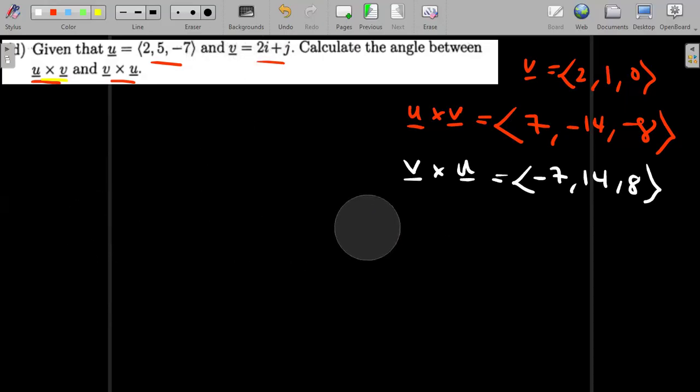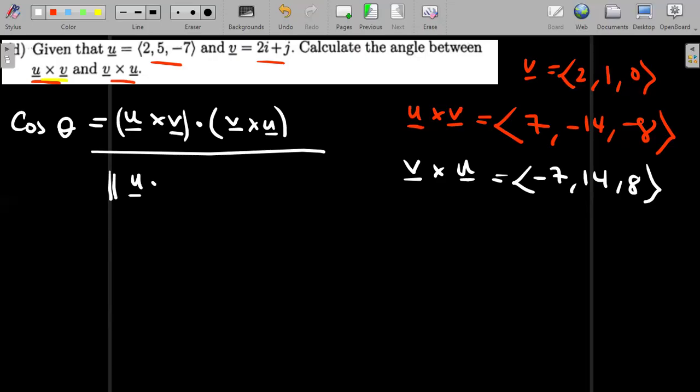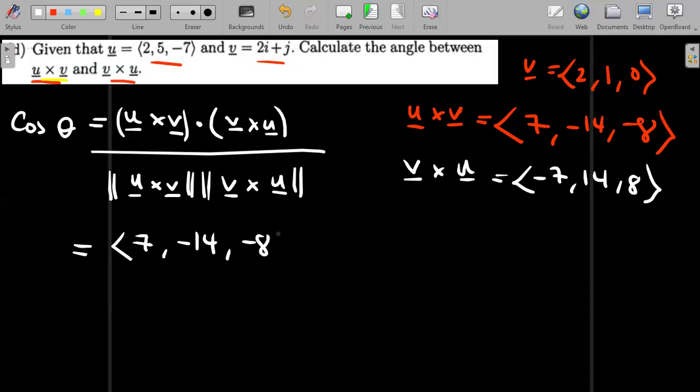So we now calculate the angle, and the angle is going to be given as cos theta equal to the dot product of the two vectors that I have, u cross v dot v cross u, divided by the magnitude of u cross v and the magnitude of v cross u. Replacing what I found, I have 7, negative 14, negative 8, then the dot product of negative 7, 14, and 8.